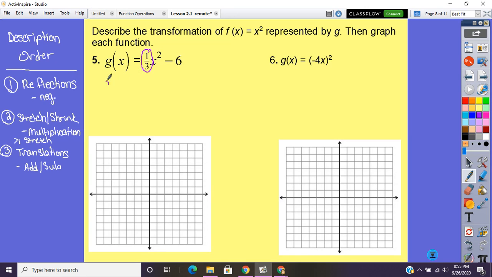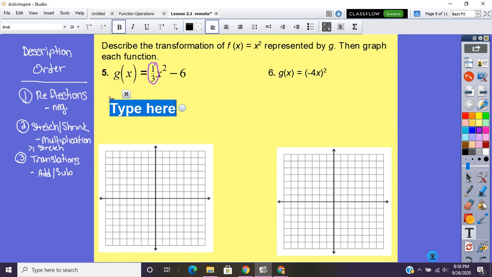That means I have a vertical shrink. Here, I'm just going to type it. Ooh, that's really big. All right, so I have a vertical shrink of 1/3 as one transformation.